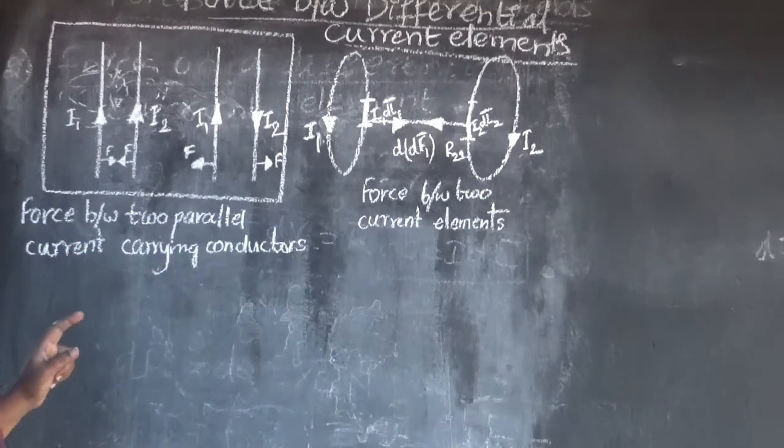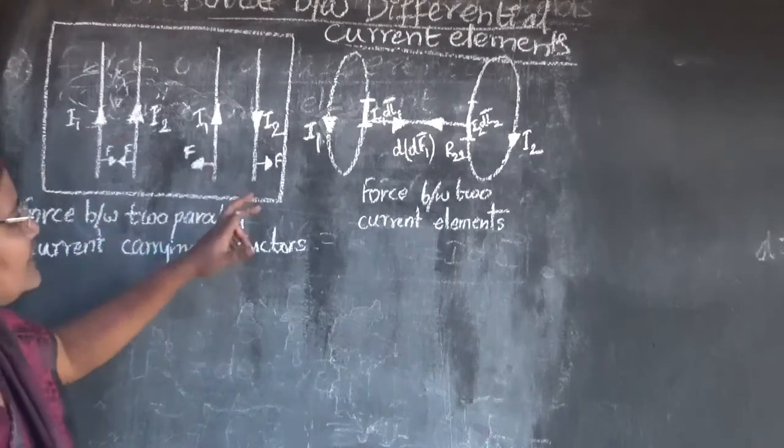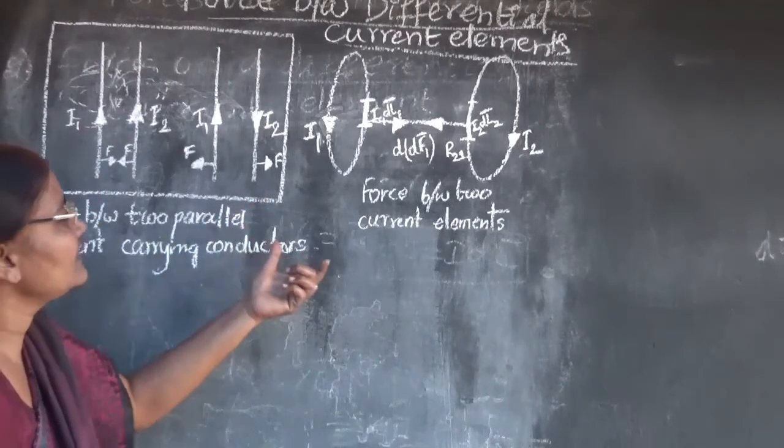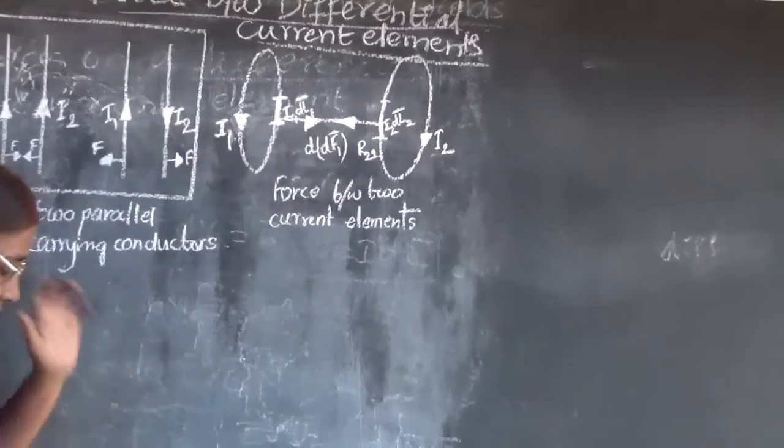Now we are going to find the forces between the magnetic fields produced by two parallel current carrying conductors.